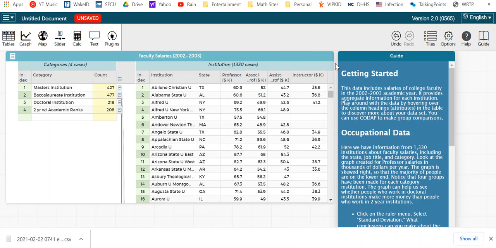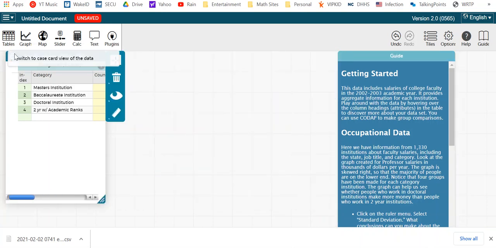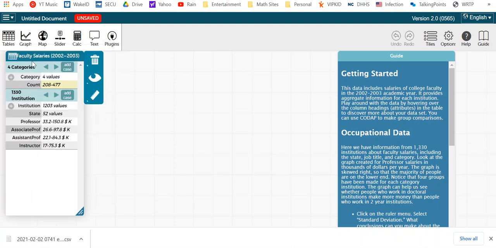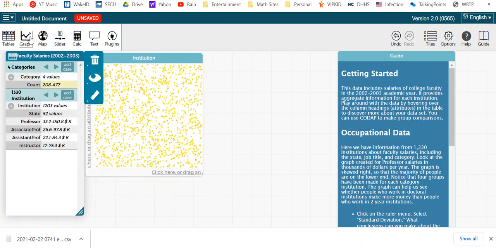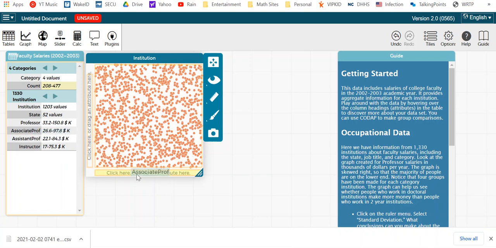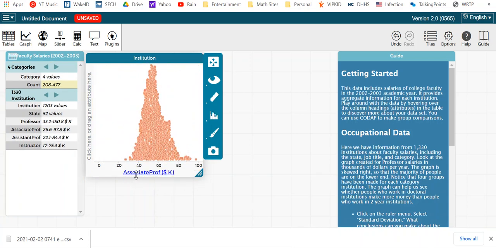Let's shrink this down a bit. And let's go this route. All right, so with the graph, that is all of them. We're going to look at what is it that an associate professor, and they're showing the range from 26 to 97,000. We're going to drop the associate professors down here. That's a lot, and that's quite a pile.